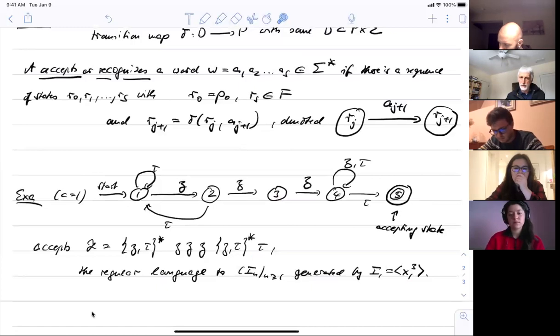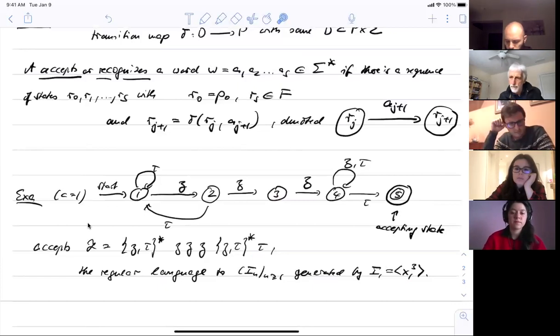How is this related to regular languages? Can I ask a question before? Sure. So in state 4, when you are there, you can go with a tau. You can go again to 4, or you can go to 5. Yes.